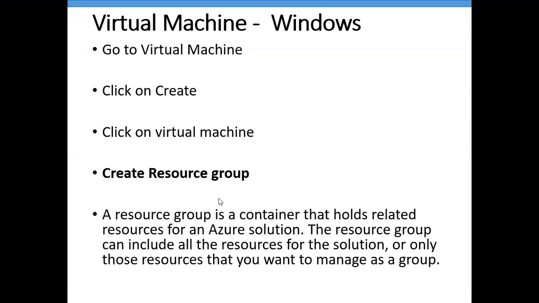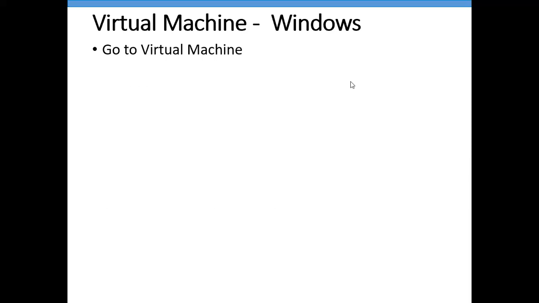A resource group is a container that holds all the Azure resources we create. In simple language, a resource group is like a folder. Under this folder, we can put all our resources, whichever we want.